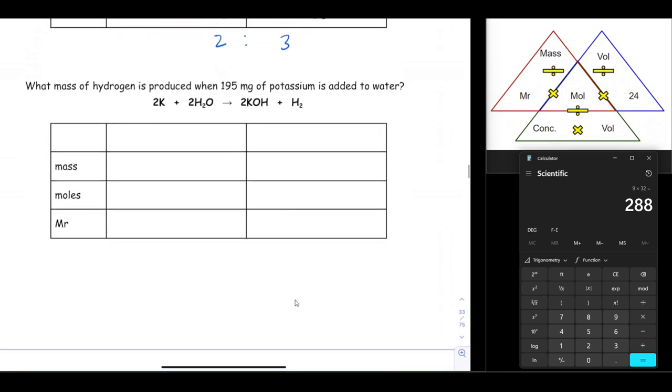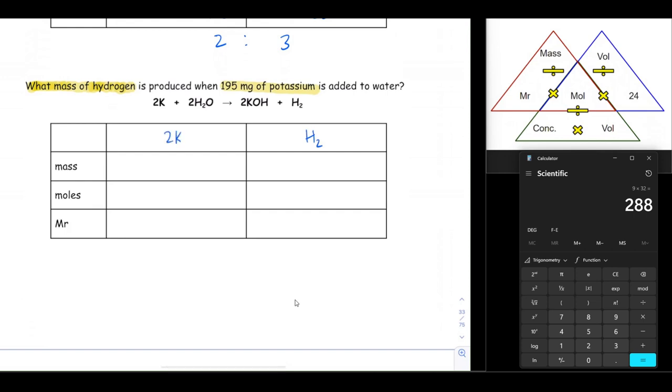What mass of hydrogen is produced when 195 milligrams of potassium is added to water? So we don't care about the water at the moment because it hasn't given us any information about the water. So we put in the two things it has told us about. We want to know the mass of hydrogen when we have 195 milligrams of potassium.